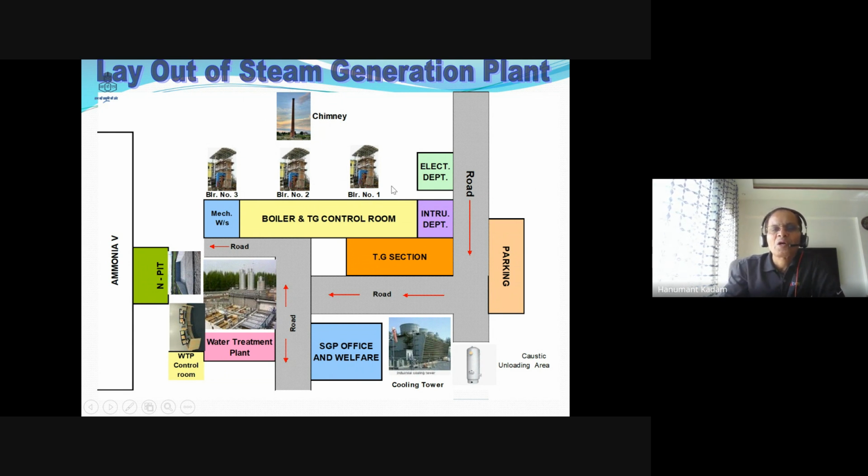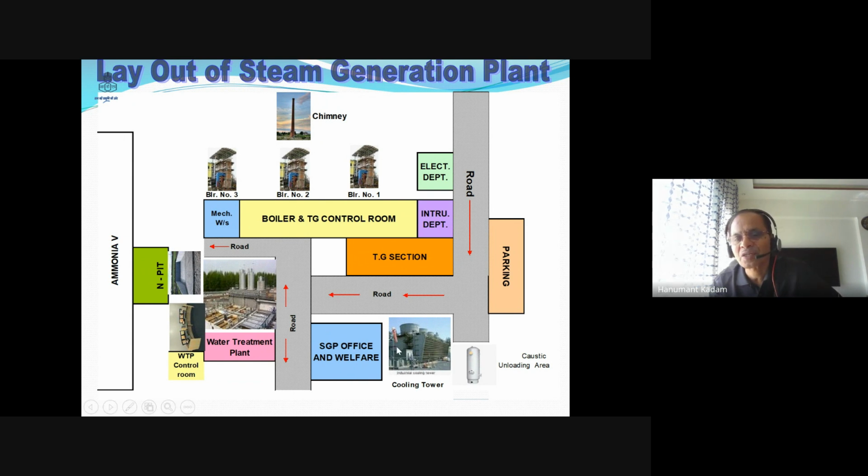Then the boiler and turbine generation control room are together. There are various departments: mechanical workshop, electrical department, instrument department, and operating staff in the control room. And then, water is very important because feed water has to be conditioned, with silica removed, and deaerated water is required.